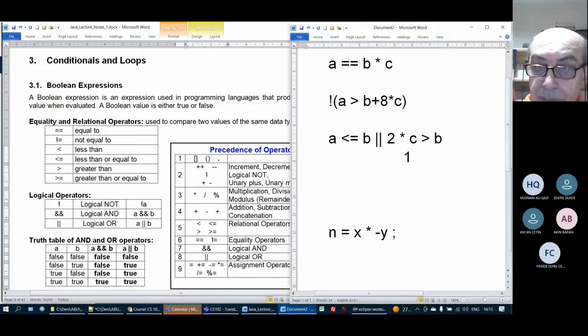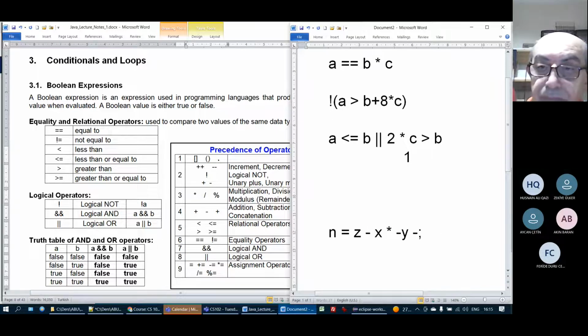Let's put here another minus, minus z. This minus y is unary minus. This minus is the subtraction operator. Okay. Let's put it like this.